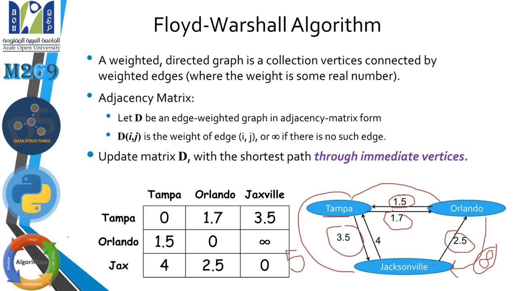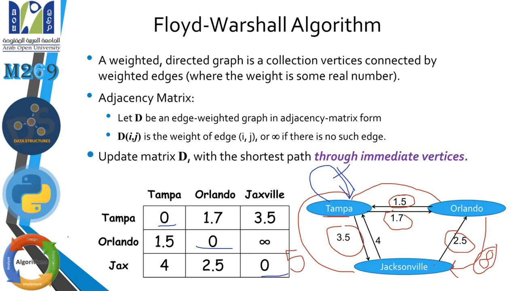So what you can see here from this table is the adjacency matrix, which represents the graph. And of course, since I don't have a cycle from Tampa to Tampa, I have 0 here. Also, I have 0 here. So I have zeros here because I don't have any cycle.